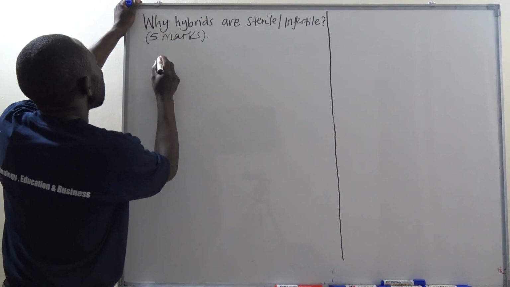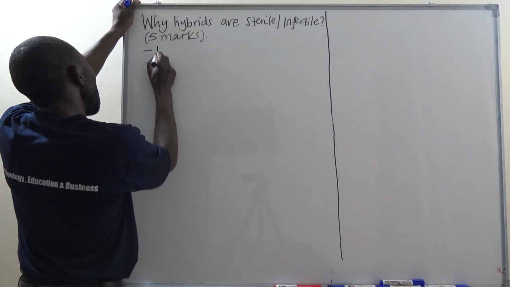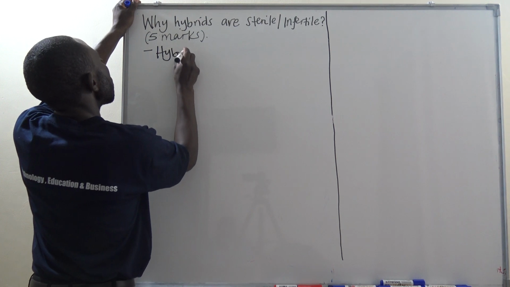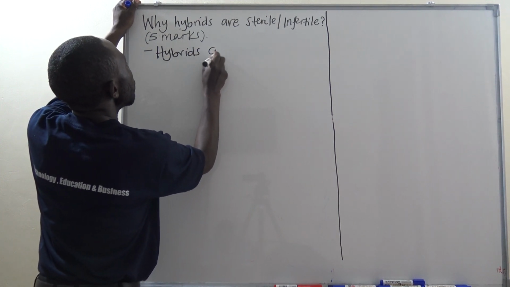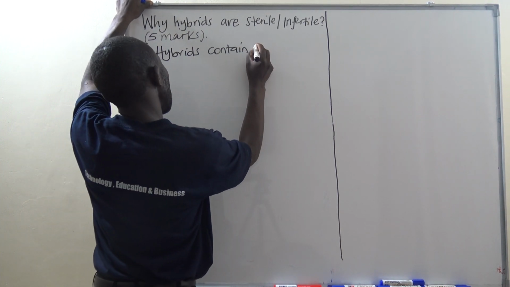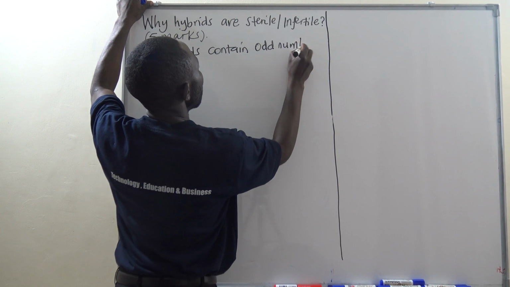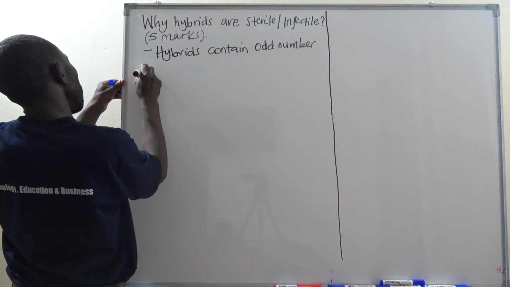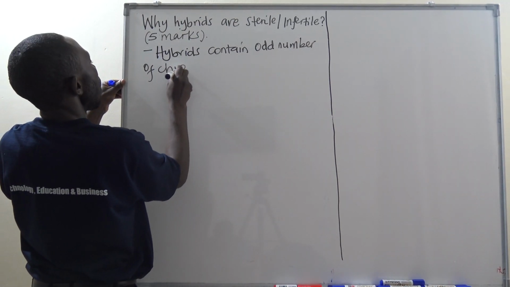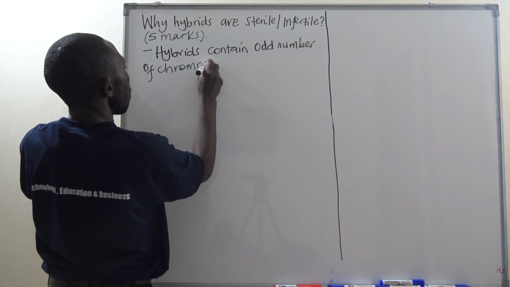Probably we can first record this statement: hybrids contain an odd number of chromosomes.